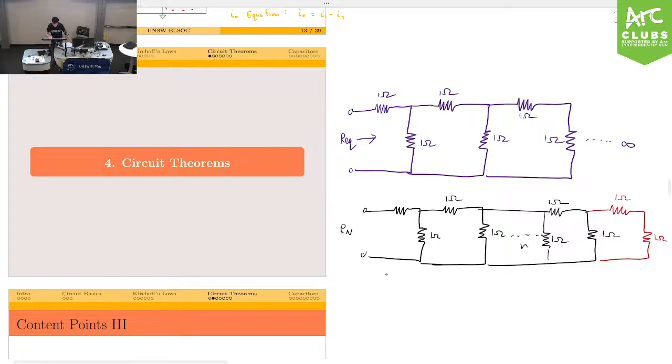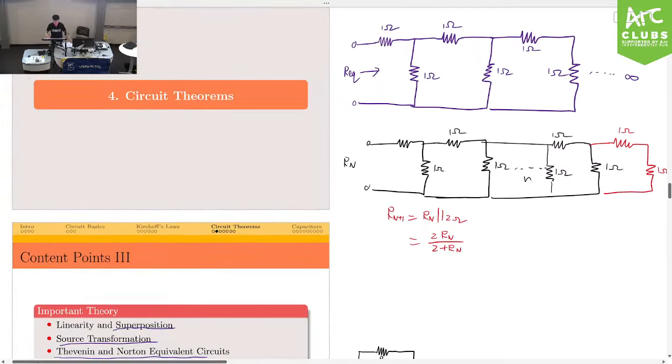Do you see how Rn plus 1 equals Rn in parallel with the 2 ohm here? So that's going to be 2Rn on 2 plus Rn. We're limiting towards infinity, so we can take a limit of both sides as n goes to infinity.